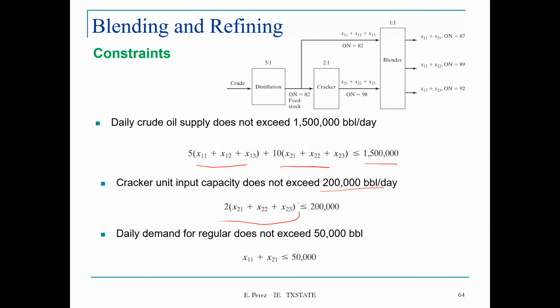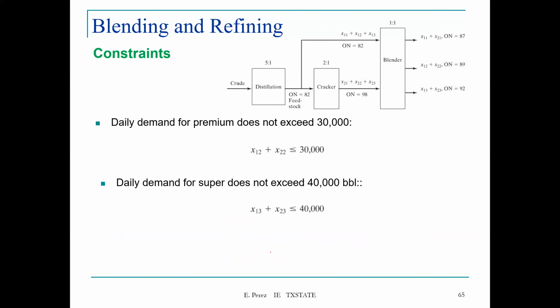So that expression that we use to define the input to the cracker unit is less than this much. And then the daily demand for regular does not exceed this. So we want to make sure that we don't produce more than what's needed. Daily demand for premium, same thing. We don't want to produce more than what is needed. And same thing for super. We don't want to produce more than what's needed.